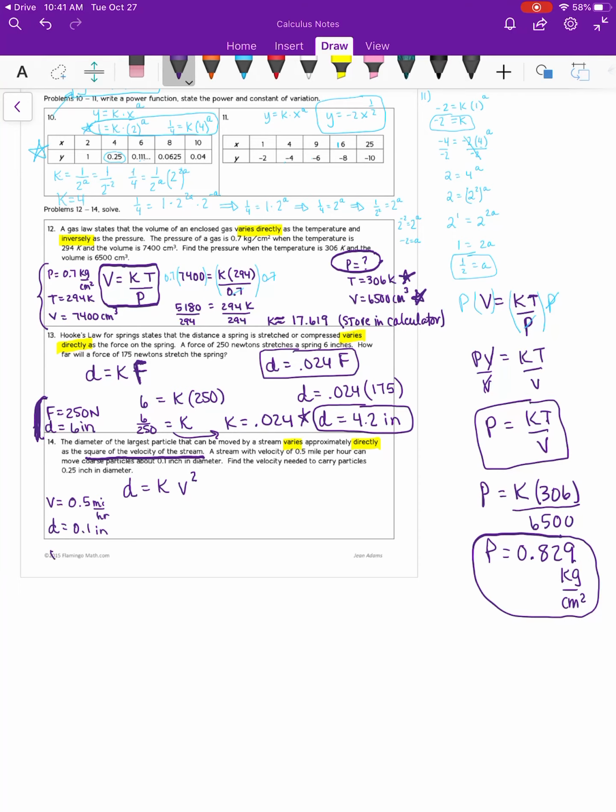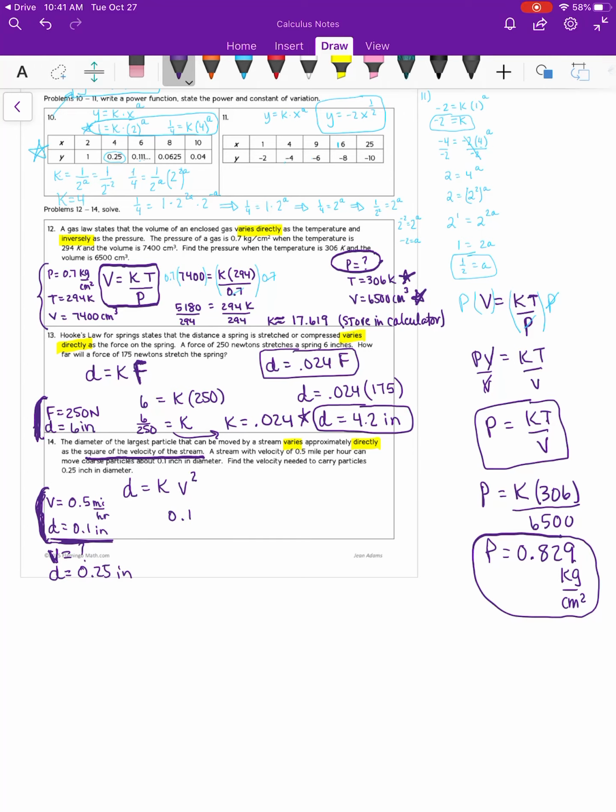Okay? So now they want us to solve for another velocity. We'll use this right here to solve for k. They then want us to use that k to find the velocity needed to carry a diameter of 0.25 inches.